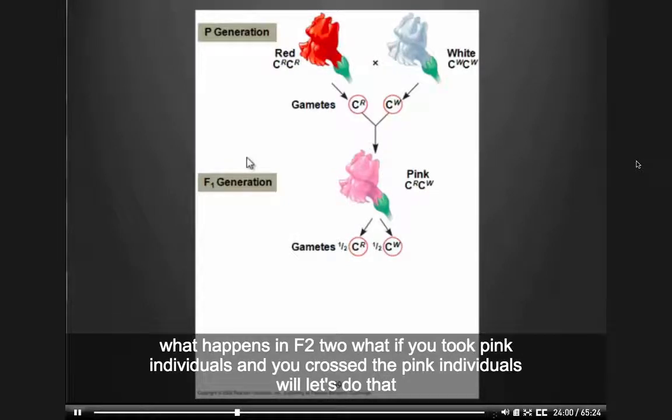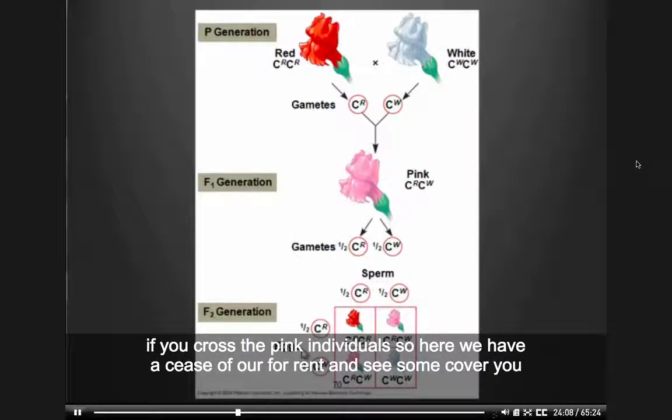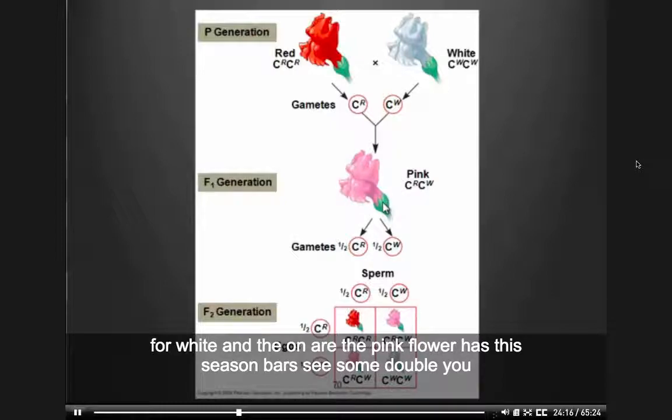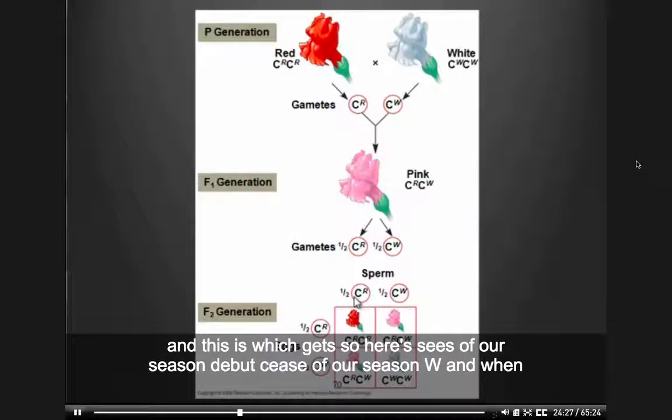However, what happens in F2? What if you took pink individuals and you crossed the pink individuals? Well, let's do that. If you cross the pink individuals, so here we have C sub R for red and C sub W for white, and the pink flower has this C sub R, C sub W. Well, now you're going to sort these into the gametes for this particular flower, and this is what you get.